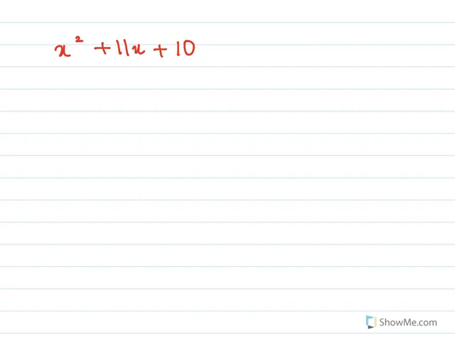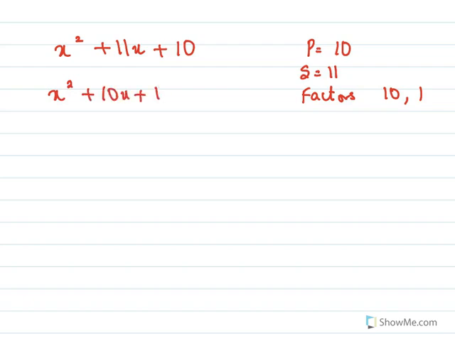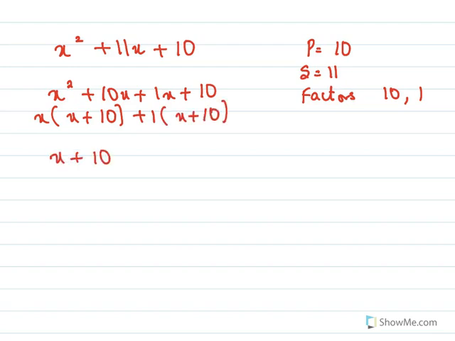When we factorize it, the product has to be 10, the sum has to be 11, and the factors will be 10 and 1. So this is x square plus 10x plus 1x plus 10. You take x common out, x plus 10, plus 1 common out, x plus 10. So this is x plus 10 and x plus 1.